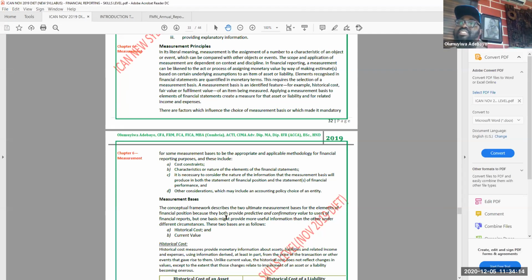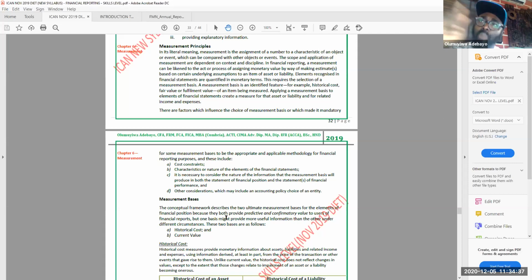But because of the dynamic nature of events in today's world, historical cost is not sufficient for all categories of assets and liabilities. Thereby, the argument comes in: what about some items for which historical cost will not be a good representation of their value?